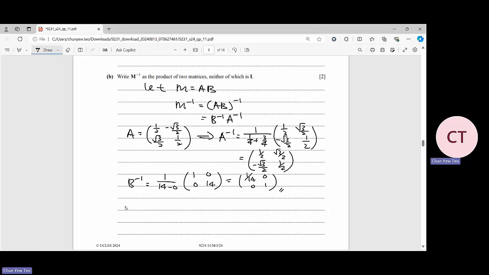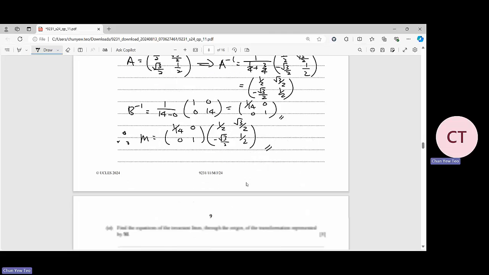So therefore, your M inverse is the product of the B inverse multiplied by the A inverse, root 3 over 2. Done. That will be the answer for the question number 4B.